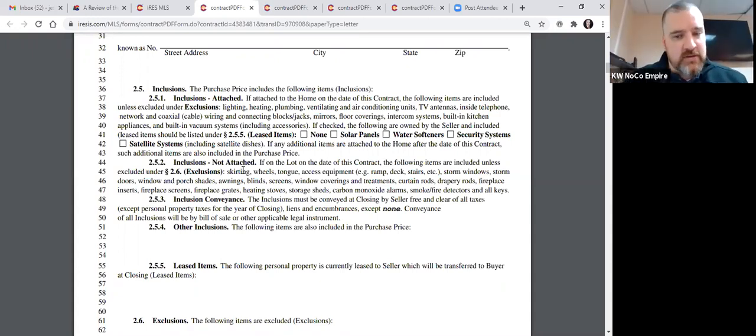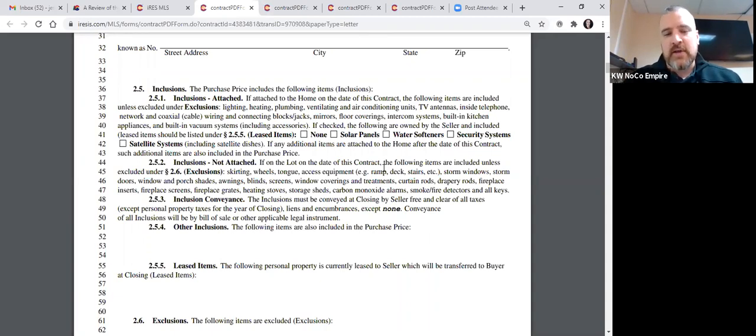The wheels, what makes it a mobile or manufactured home, the tongue, and all of the access equipment such as the ramps going up to the front steps, the deck, the stairs. Those are included and are not listed in our standard contract to buy and sell.